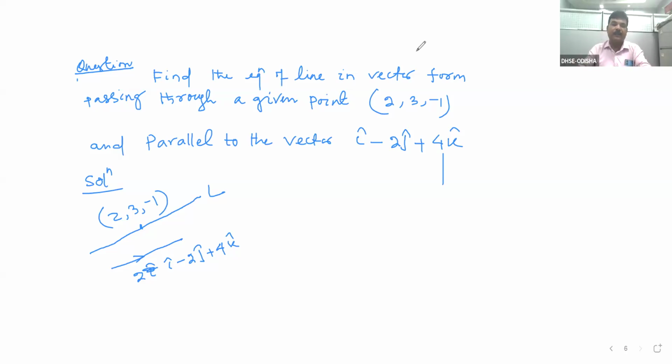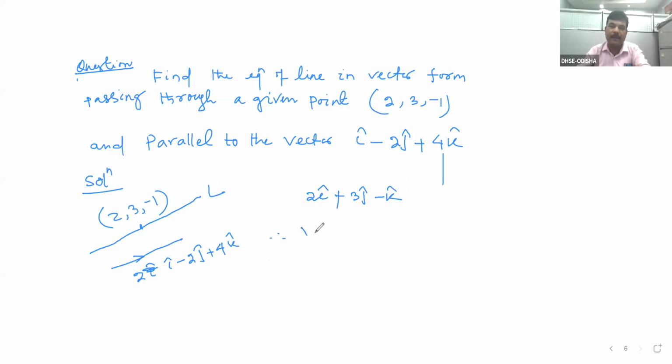Since the coordinates of the point are 2, 3, -1, position vector of the point is 2I cap + 3j cap - k cap. So vector equation of the line is R = A + lambda B.